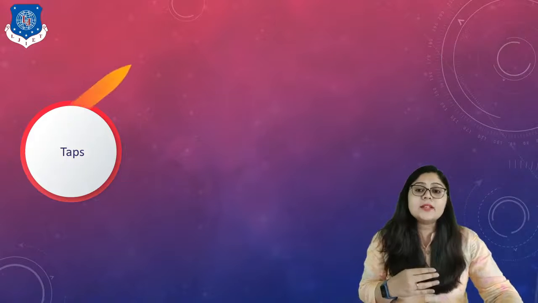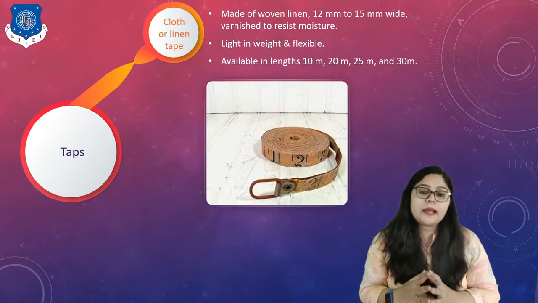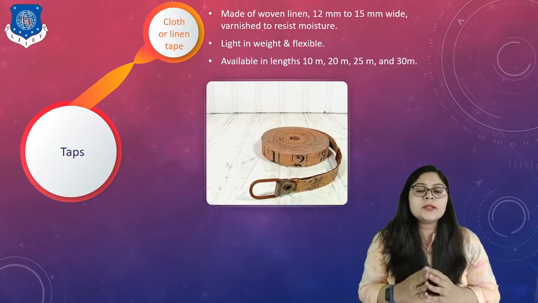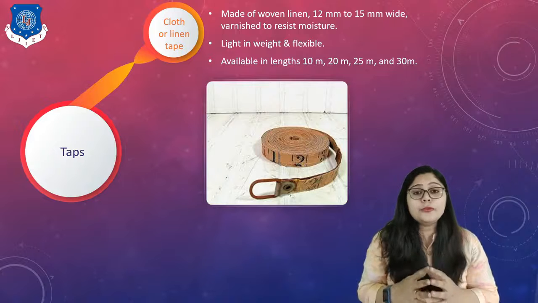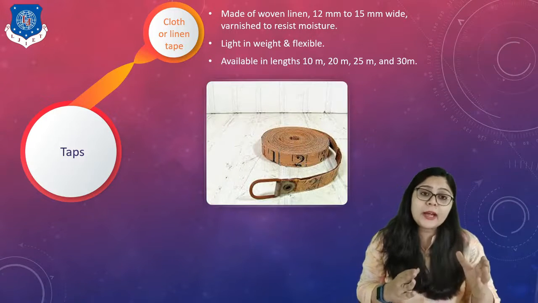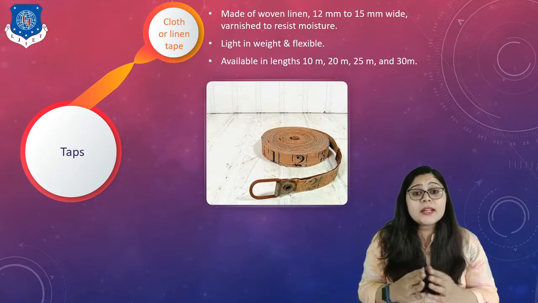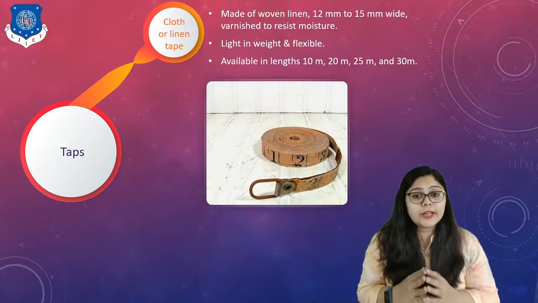So let's discuss different types of tape, in which the first one is the cloth or linen tape. As shown on screen, it is made of woven linen, 12 mm to 15 mm wide, varnished to resist moisture. Generally, they are flexible and light in weight.